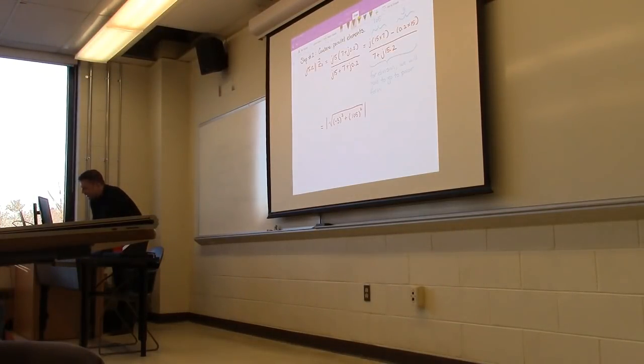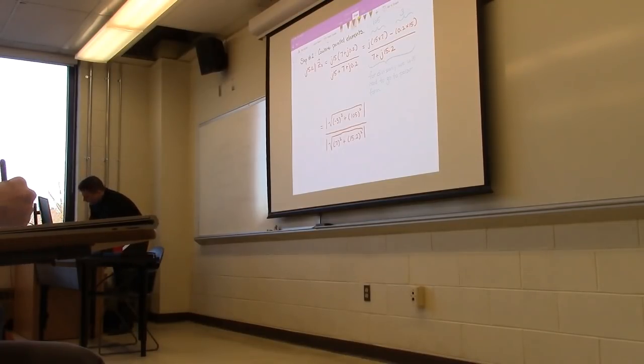Okay, so that's going to be the magnitude of the numerator. The magnitude of the denominator will be 7 squared plus 15.2 squared.